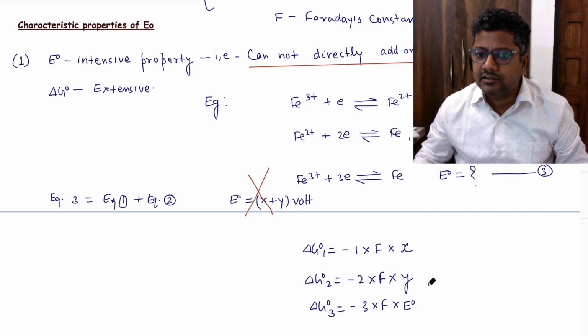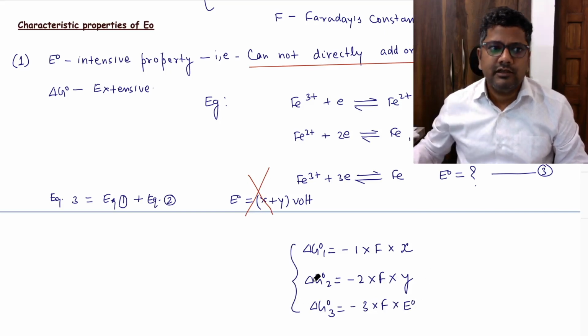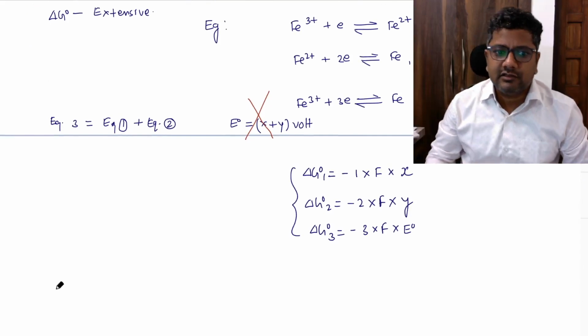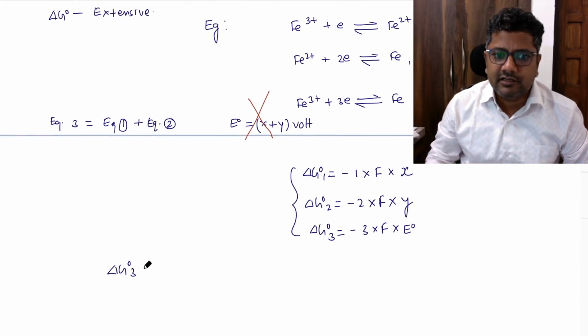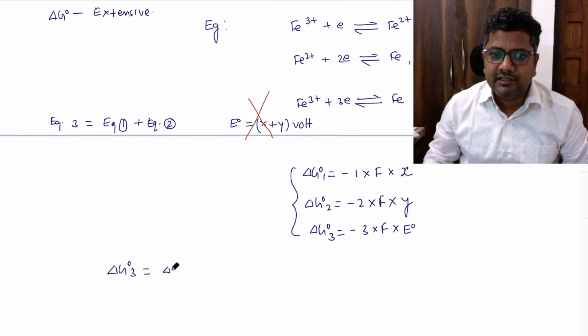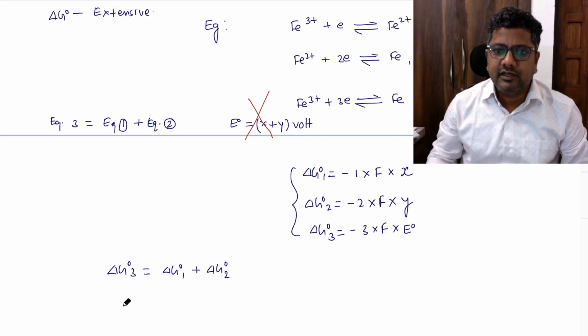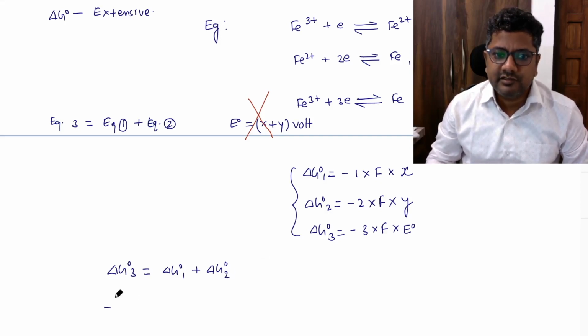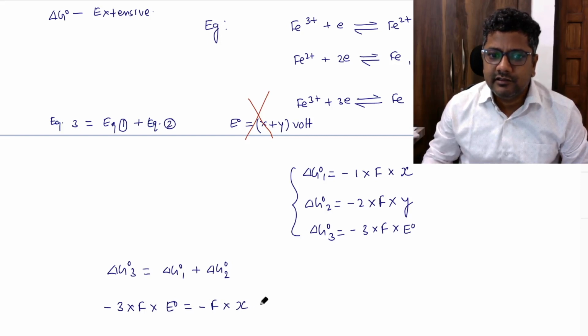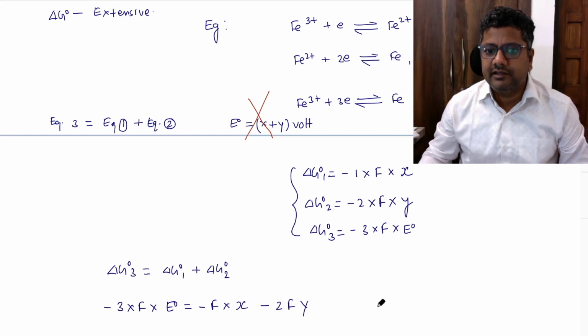into E naught, right? So now you can use delta G naught 3 is equal to delta G naught 1 plus delta G naught 2. So you can write minus 3 into F into E naught is equal to minus F into X minus 2 into F into Y, right?